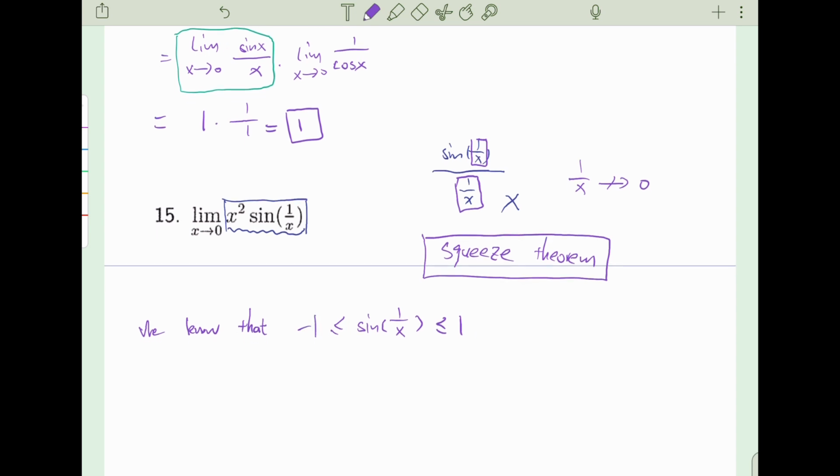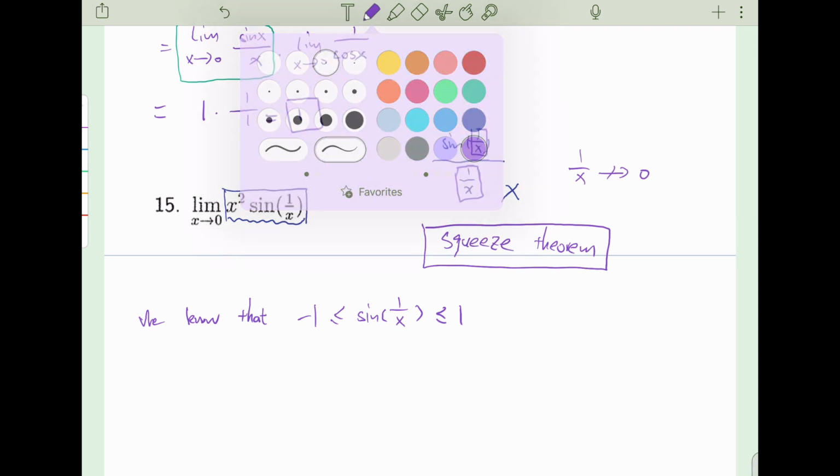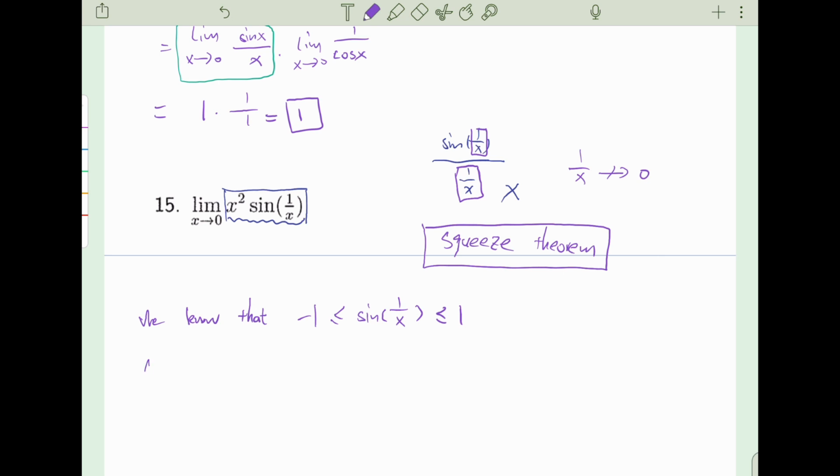So that is the basic bound for this trig function. And I can multiply this inequality through by x squared on both sides.